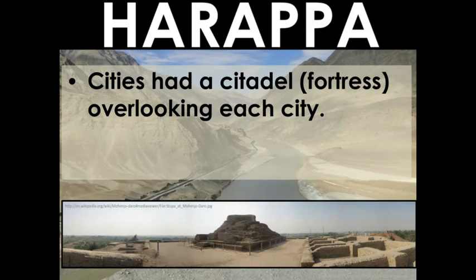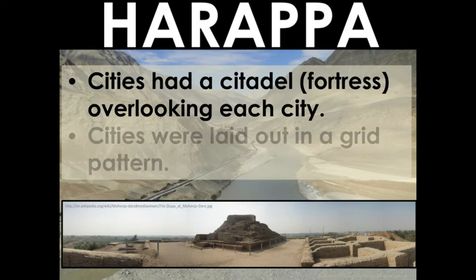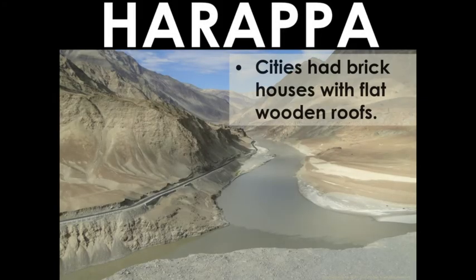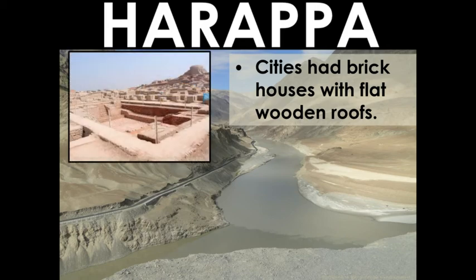Cities had a citadel overlooking each city. This is a fortress. The cities were laid out in a grid pattern. The cities had brick houses with flat wooden roofs, as we see in the picture.